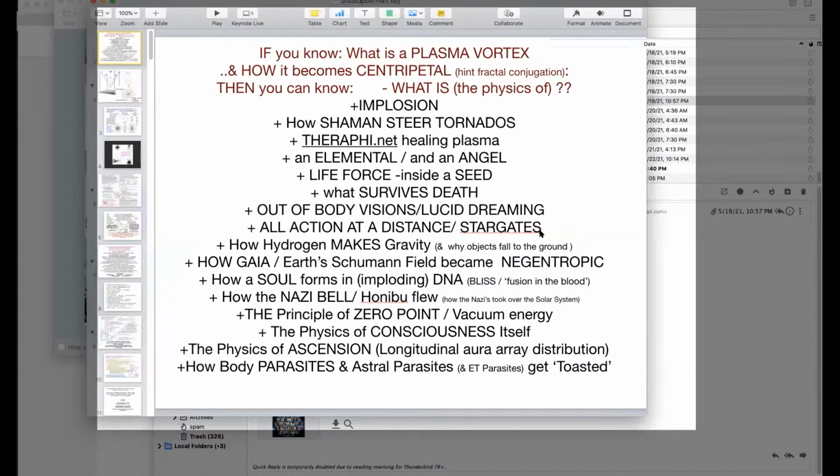But all these secret space program people and super soldiers are talking about using these jump gates or Stargates. And no one except us is talking about the physics of what a Stargate or portal is.